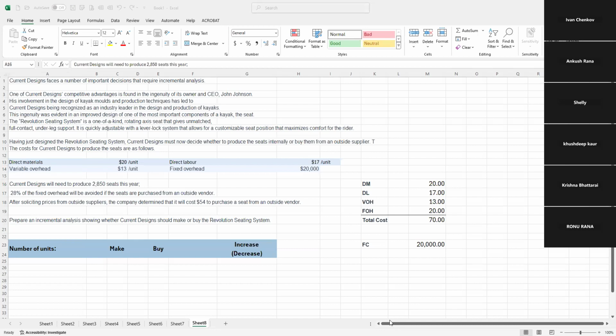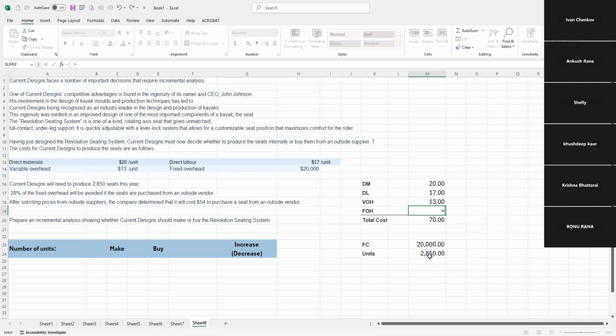All right. We need to produce 2,850 units. So how much is my fixed cost per unit then?